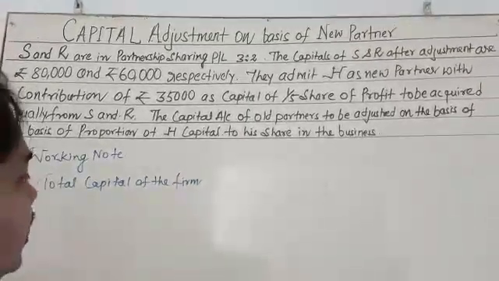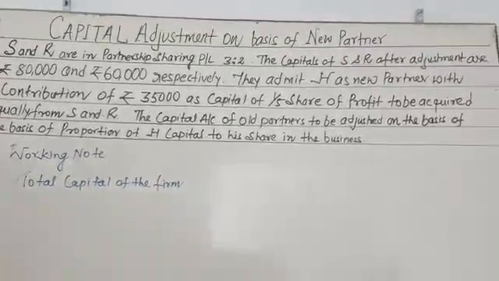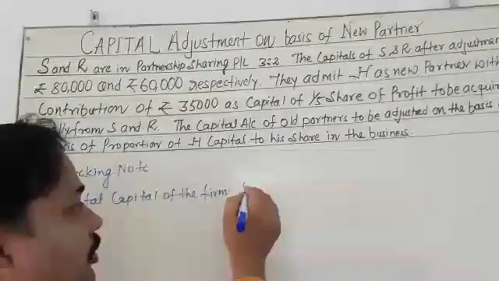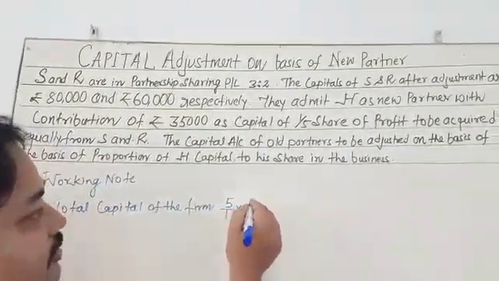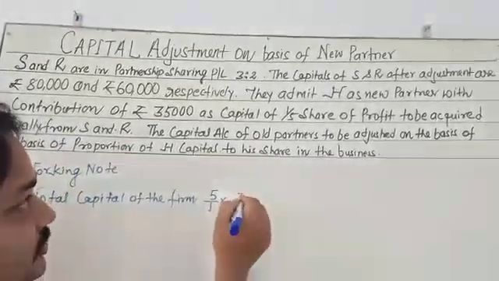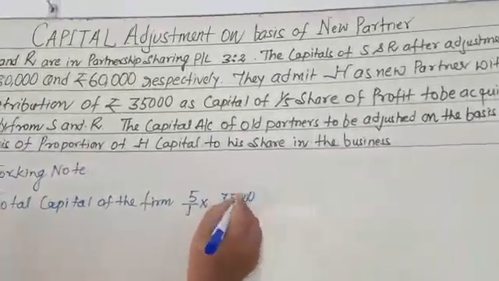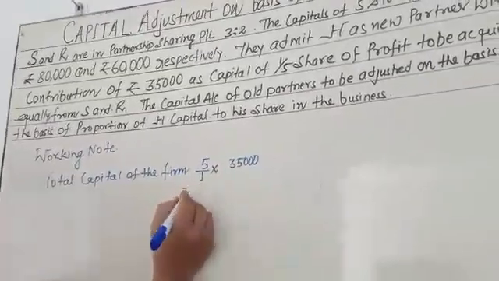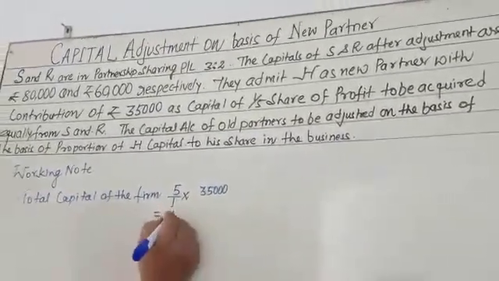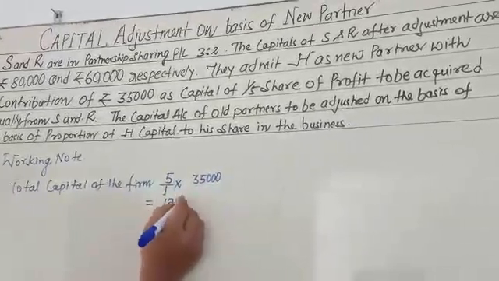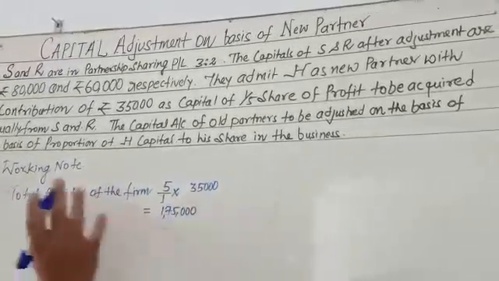How to calculate the total capital of the firm? Reciprocal of H's share multiplied by H's capital, that is 35,000 rupees. When you multiply, you get 1,75,000, that is the total capital of the firm.